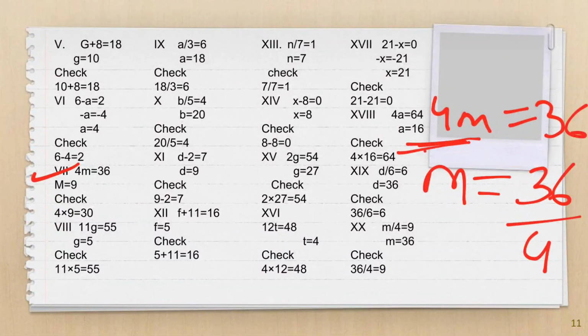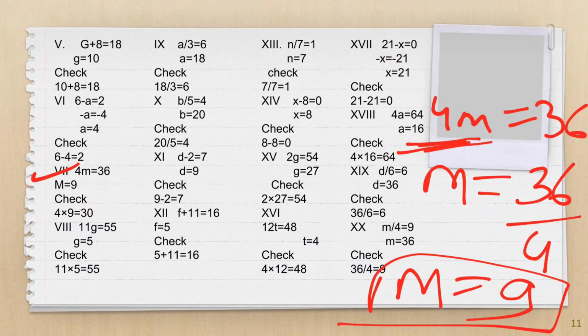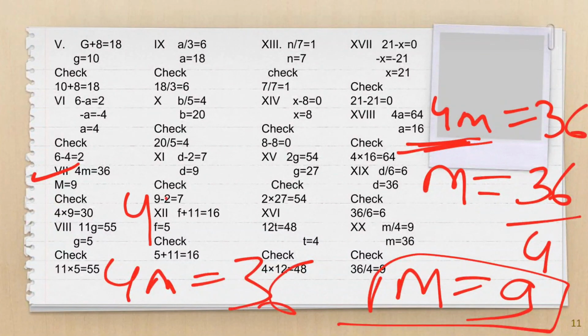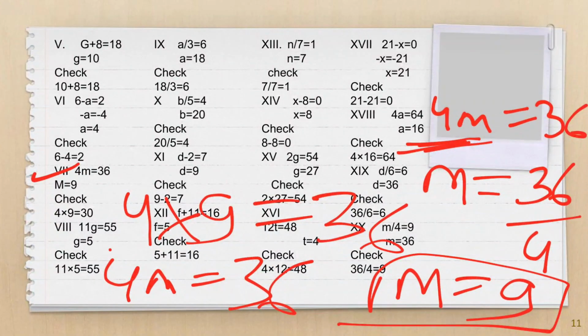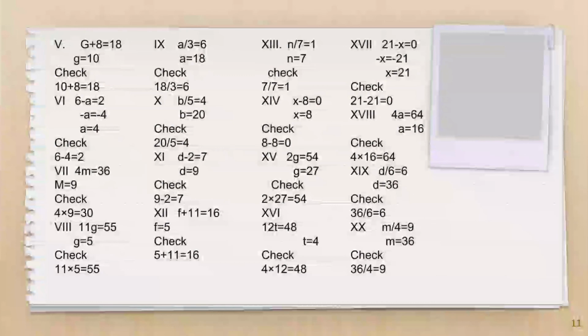If the value is a multiple of the variable, then when we transfer it to RHS, it will go for the divide. m equals, we know 4 9s are 36, so 9 will be the answer. Now we put it here in 4m equals 36. Now 4 into 9, 4 9s are 36, so 9 will be the answer. m equals 9.